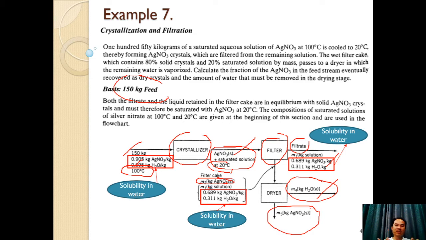For this, you know the composition of the feed to the crystallizer, the feed to the filter, and the filter cake. The unknowns are M1, M2, M3, M4, M5. We have 5 unknowns. If you balance overall, you have 3 unknowns but only 2 balances. Okay?